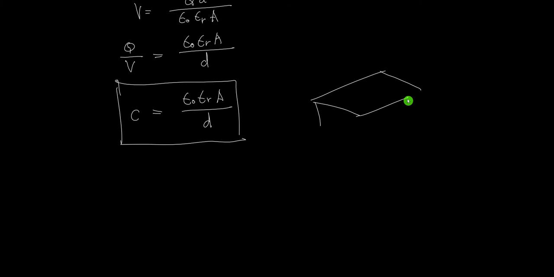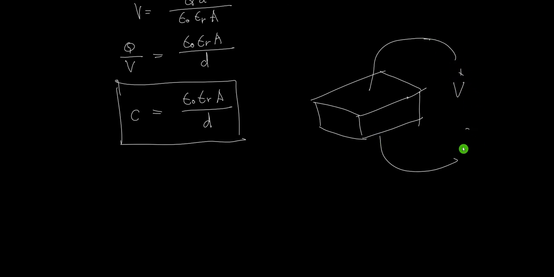We have a plate here and another plate here. Then from here to here will be a voltage, plus or minus. This part here is the dielectric, and this is our thickness D. This will be our area.